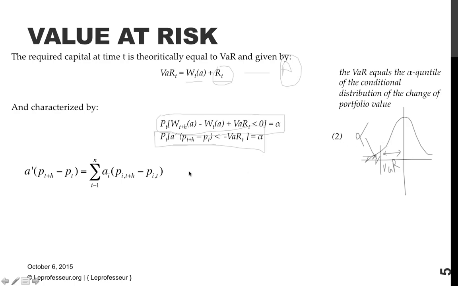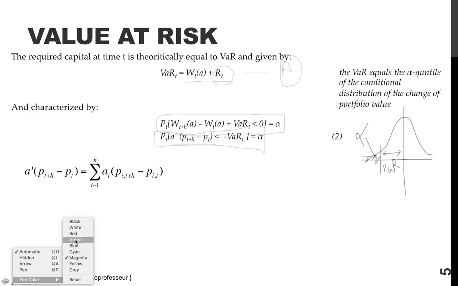Now further note that this portfolio composition A tick means we have just taken the transpose of the portfolio composition values, multiplied by price at T plus H, meaning a future date, minus PT, the price at the current date.